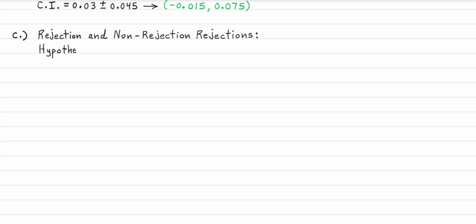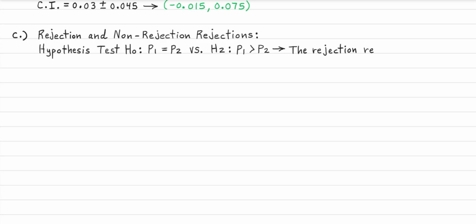we then focus on rejection and non-rejection. The rejections, so that is the hypothesis test, H sub 0 versus H sub 1.